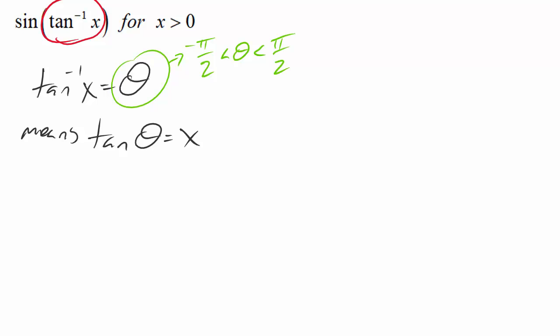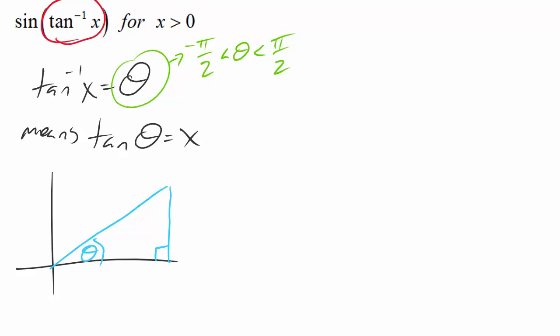Now, since we know that x is going to be strictly greater than 0, that's going to fit somewhere between 0 and pi over 2, so we know we're going to be in quadrant 1. So we're going to go ahead and draw our right triangle here in quadrant 1, like so. So right angle, and here is what we're going to call our theta.